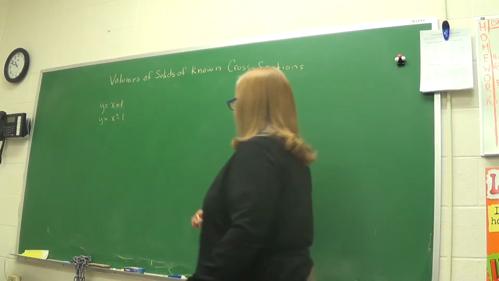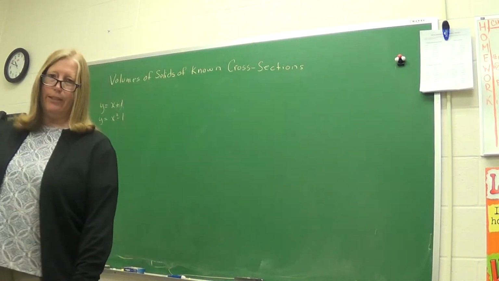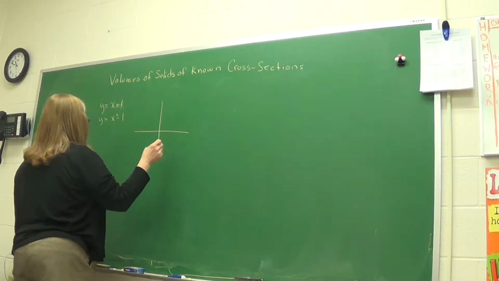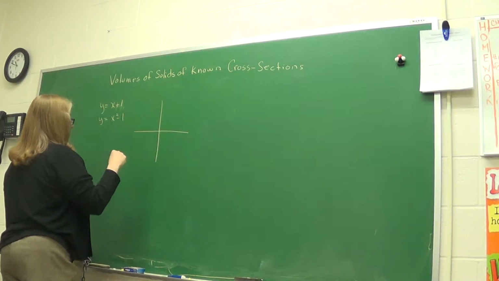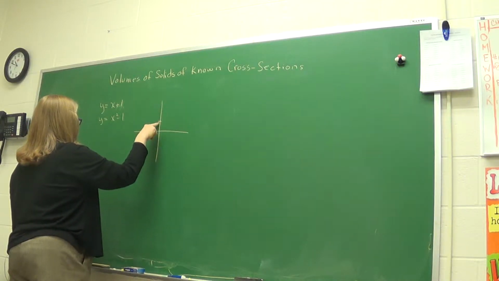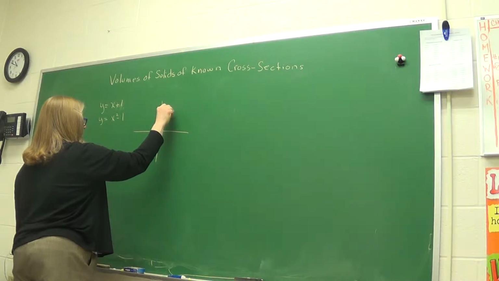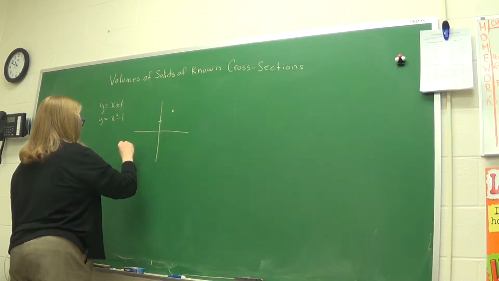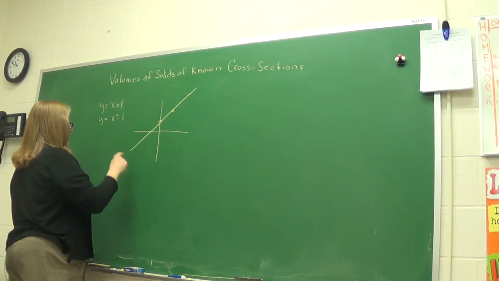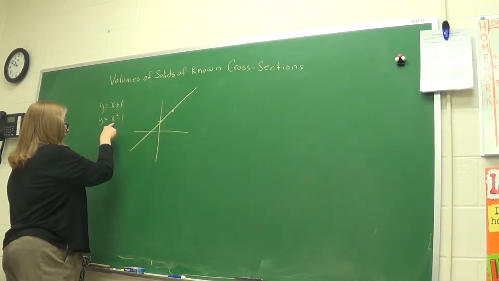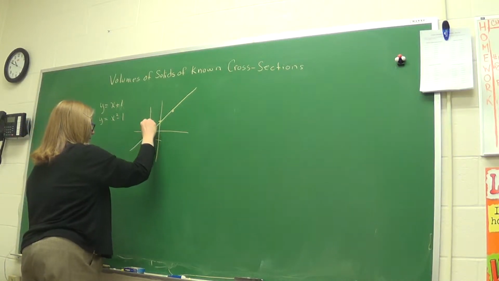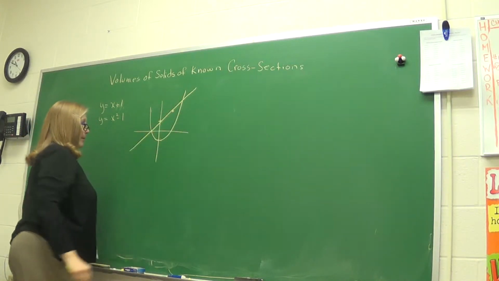So if you would draw a fairly large picture this time for your first one, like a third or quarter of your page. y equals x plus 1 will cross the y-axis at 1 and have a slope of rise over run of 1 over 1. So here we've got this line, it's linear. And then we have the parabola, the smiler moved down 1.